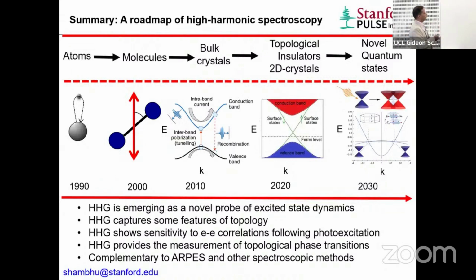Around 2010, we observed harmonics from solid materials for the first time. Since then, there has been a lot of activity, and more recently many groups are focusing on 2D crystals, topological insulators, and some interesting material systems that are part of this quantum craze that is going on right now.